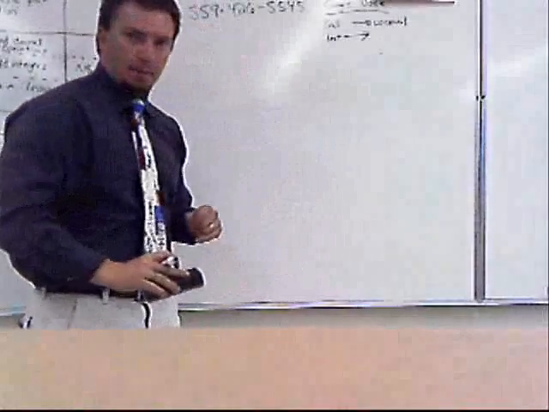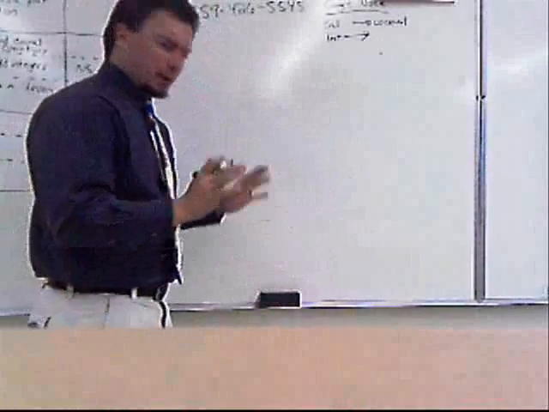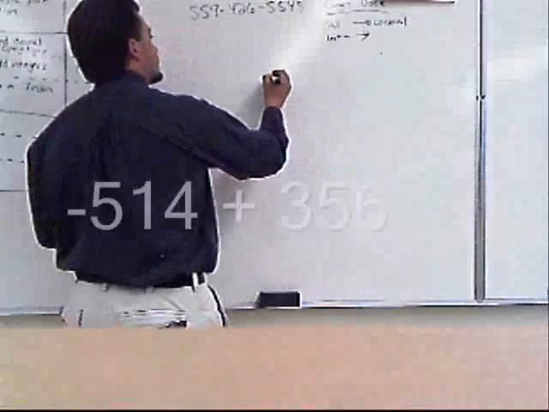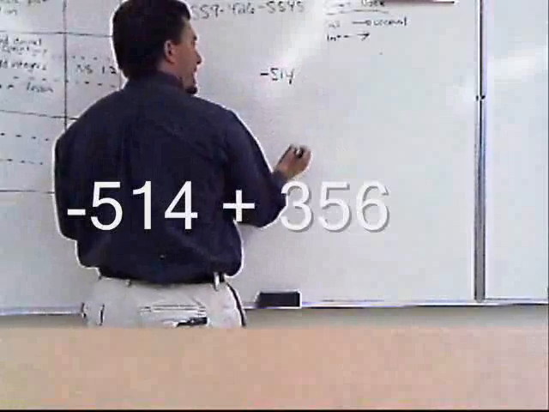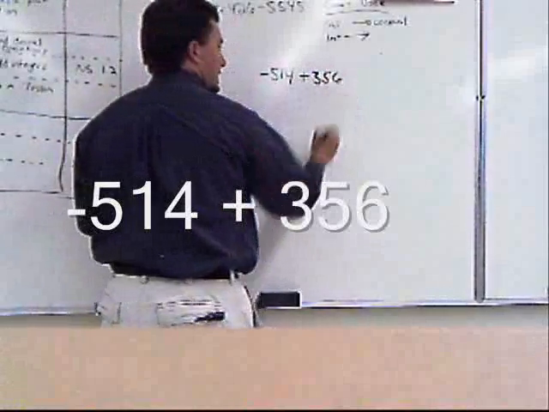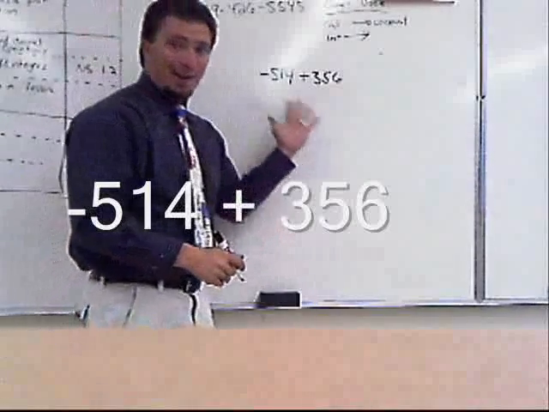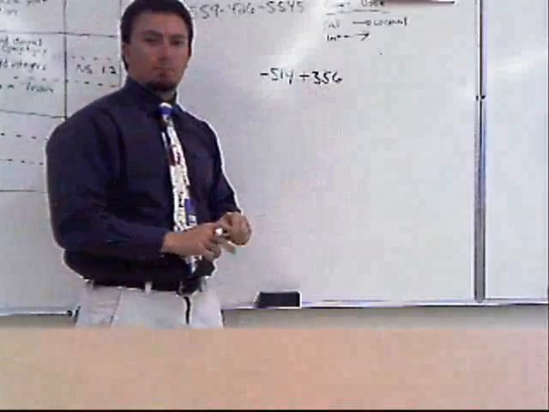Let's take that concept and make it a bigger number. If I've got 2 big numbers, let's say negative 514. We're going to add that to 356. Okay? I'm not going to write out 514 minus signs or 356 plus signs.